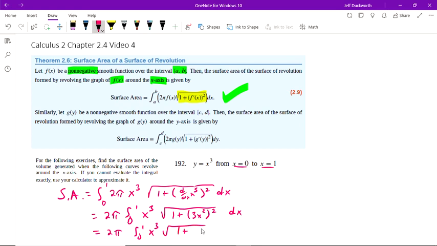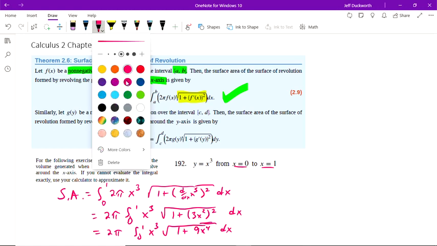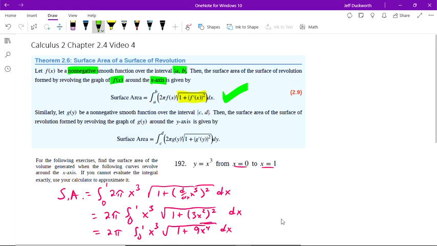This is 1 plus 9x to the 4th. And here we can make an easy substitution. So let's do that. Here we're going to have u equal 1 plus 9x to the 4th, which makes du equal to 36x cubed dx. Right?